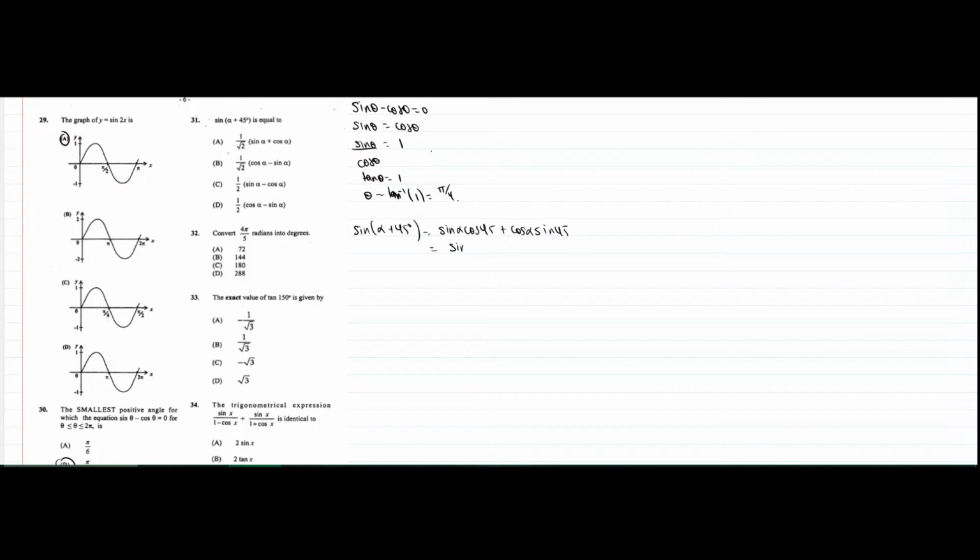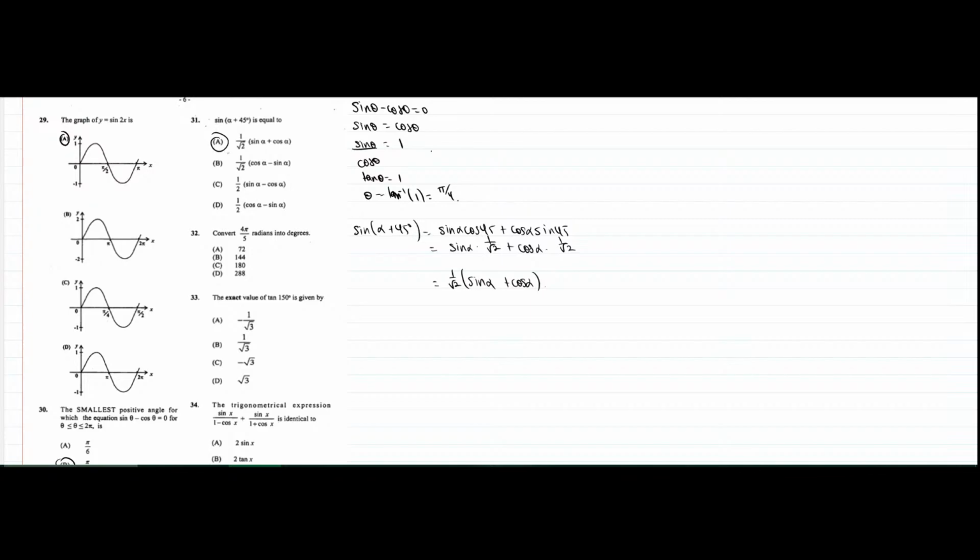There is sine alpha by 1 on root 2 plus cosine alpha by 1 on root 2. Factorize the 1 on root 2, we get 1 on root 2 times sine alpha plus cos alpha. A.